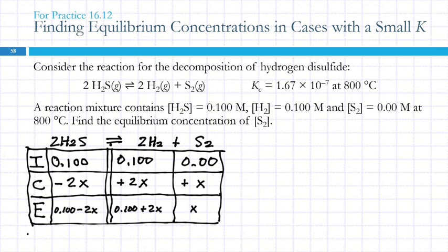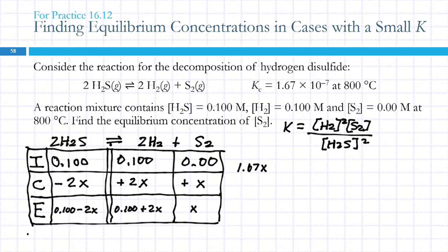We write our equilibrium constant expression, H2 squared times S2 over H2S squared. And then we've got numbers and expressions that we can plug in there. So 1.67 times 10 to the minus 7.